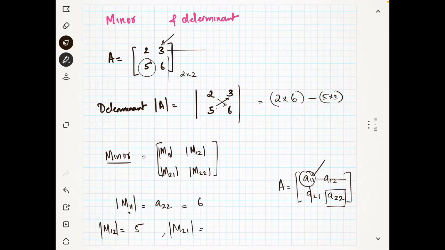M21, which is the element 3, in the same way, we avoid this row and this column, so the element is 3. M22 is the minor regarding the 6, so it is nothing but 2. So the minor matrix can be written accordingly.